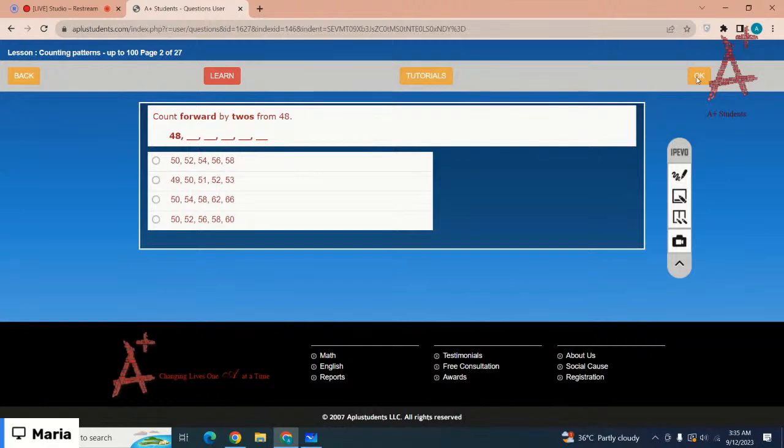Yes, the correct option is option number 1. So 48 plus 2 is 50, then you have 52, 54.